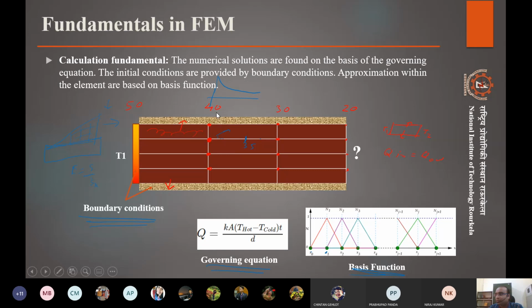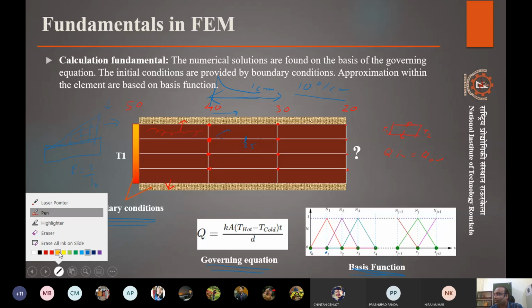Suppose this distance is 1 centimeter, so the heat gradient is 10 degrees per centimeter, right? If it is linear, then it's very easy: we just calculate how much distance it is from here, multiply it by 10 degrees per centimeter, and we find the result. However, it's not necessary that it is always like this.